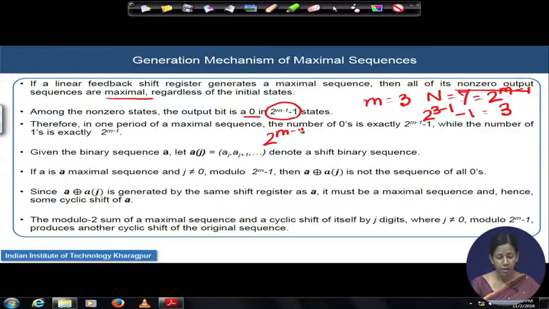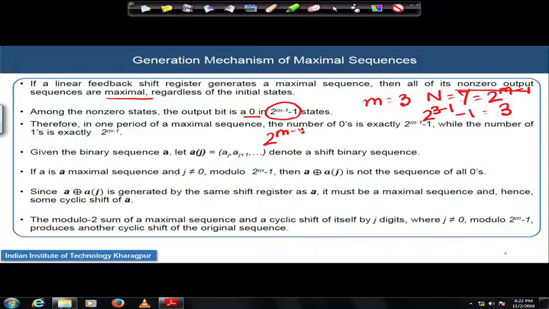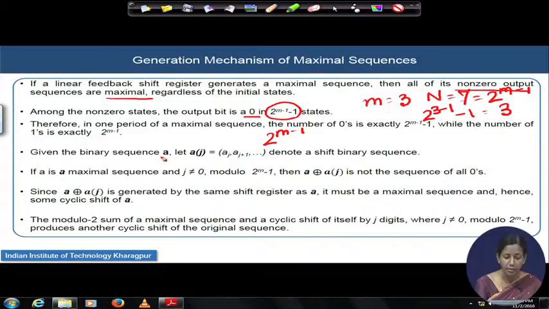Now, with the understanding of this fundamental property of ML sequences, let us see what will happen if we have a maximum length sequence and a shifted version of this sequence, with a shift of an amount j.